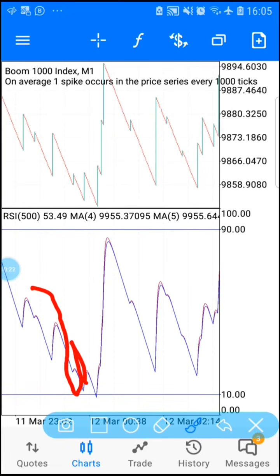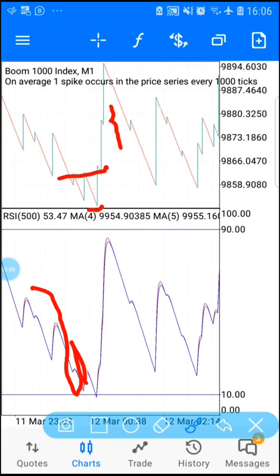Then where would we book some of our profits? Here, after one big spike, so after two good sized spikes. And then we can put our stop loss or close completely. We entered here, we can book some profits here, and then we can ride the trend up, right? That's how we set up our TP.